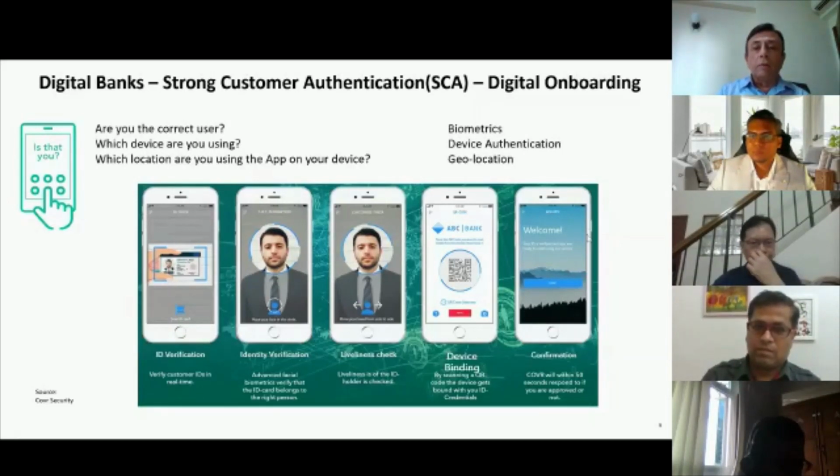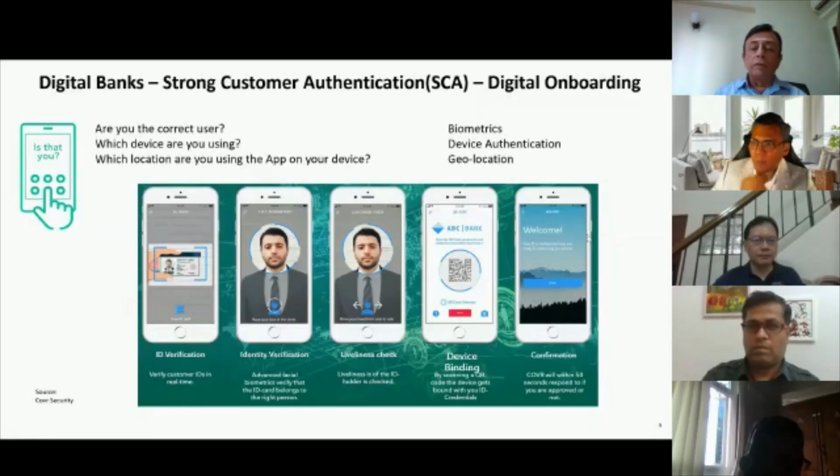That's the biometric part. And then we look at the device part, where we take the credentials of the customer and store them in a very secure area on your device. It can be a mobile device, or, if looking at IoT in the future, you can look at other devices where you can store credentials in a secure manner.